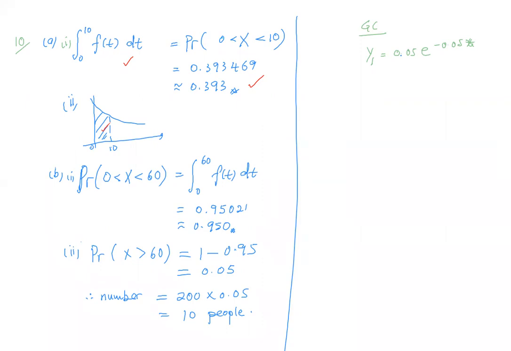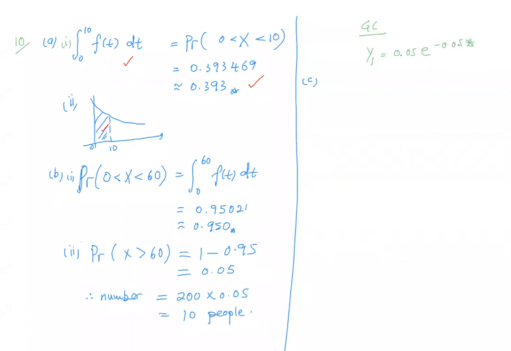So this question actually is not difficult. Next, describe one limitation of using this function. What is the limitation? You see the waiting time, can it be equal to 0?